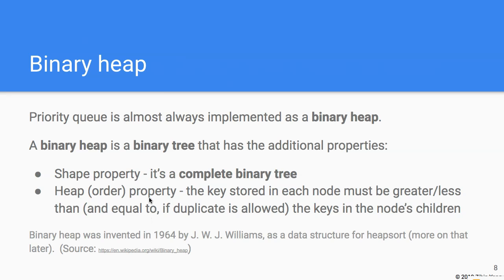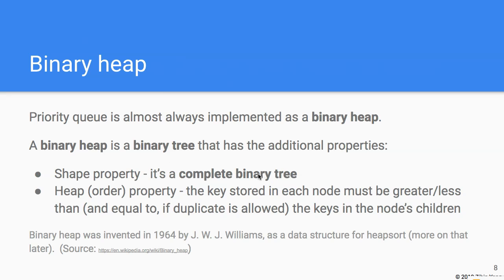So anyway, these are the two additional properties to a binary tree that make a binary tree a binary heap. Now, just a bit of history, the binary heap was invented in 1964 by Williams, and it's actually a data structure that he used for heap sort, which we'll talk more about later.